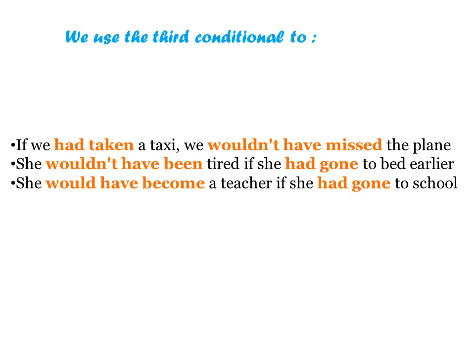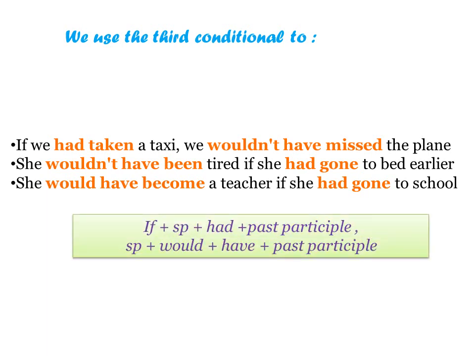Now let's first look at the form. With the third conditional, we use if plus subject pronoun plus had plus past participle, of course the comma, subject pronoun plus would plus have plus past participle.